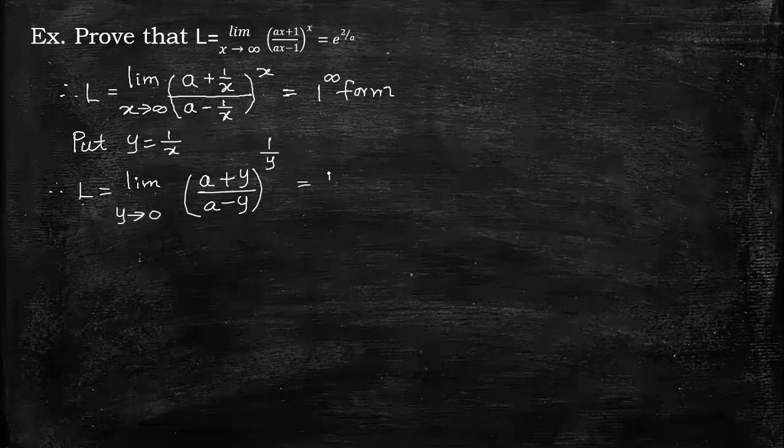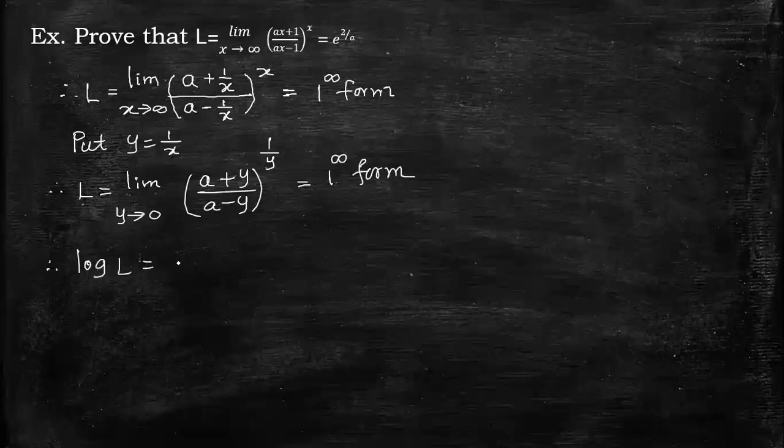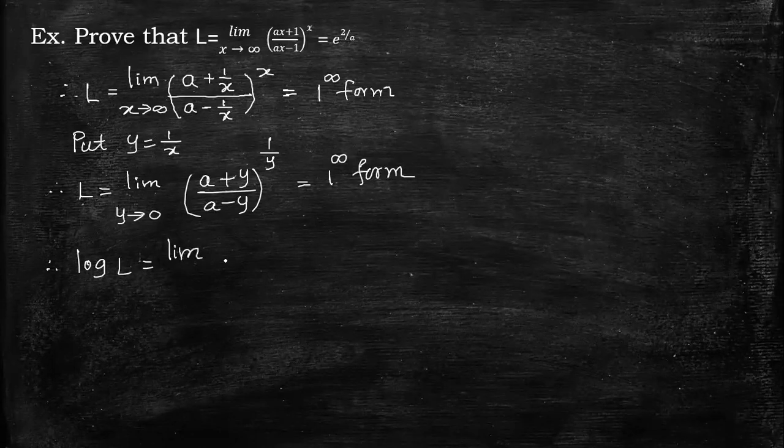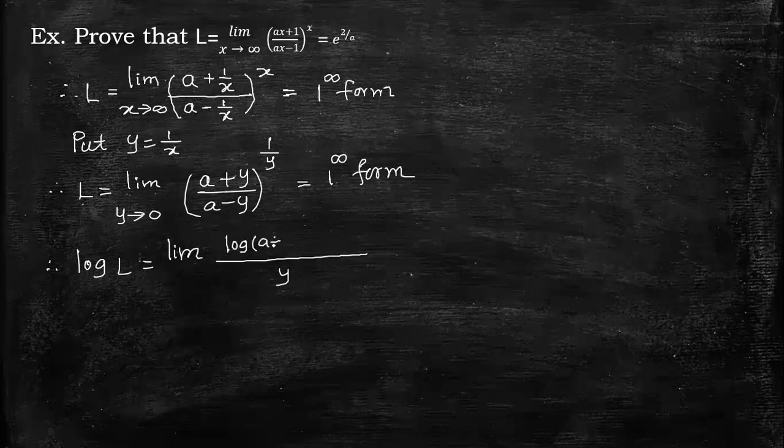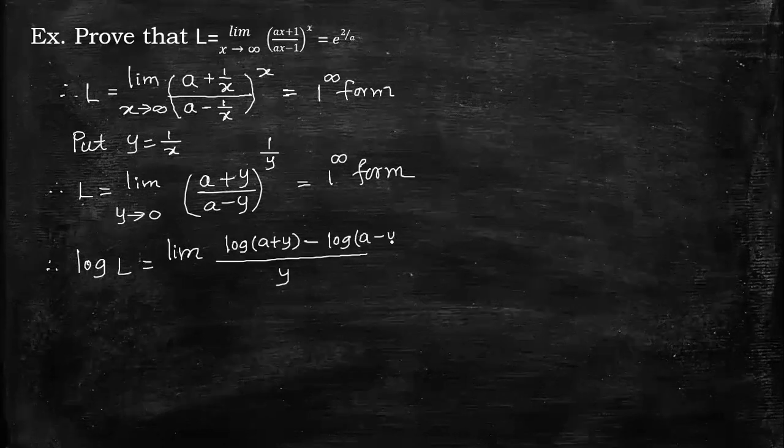Definitely this is again 1 to the power infinity form. No problem about that. And now I am going to take logarithm. Log L is equal to limit, 1 upon y can be written as this, and log of bracket can be written as log of a plus y minus log of a minus y as y tends to 0.